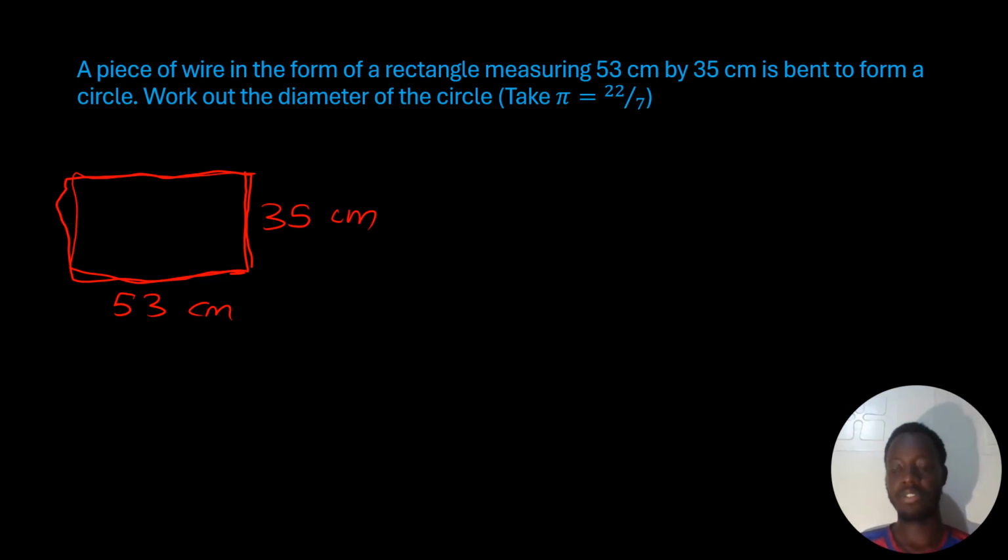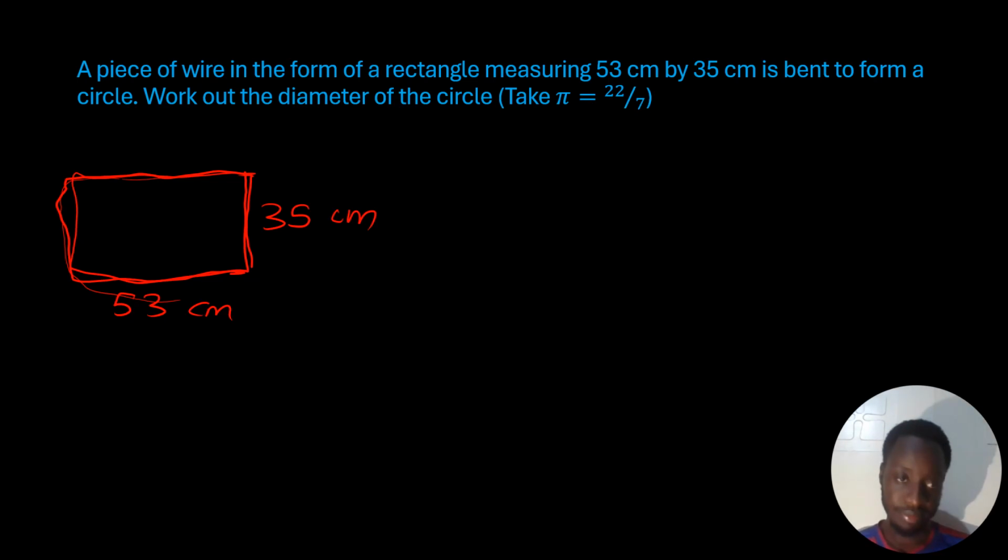So to find the circumference of the circle, we should find the perimeter of the rectangle, which we have its measurements.